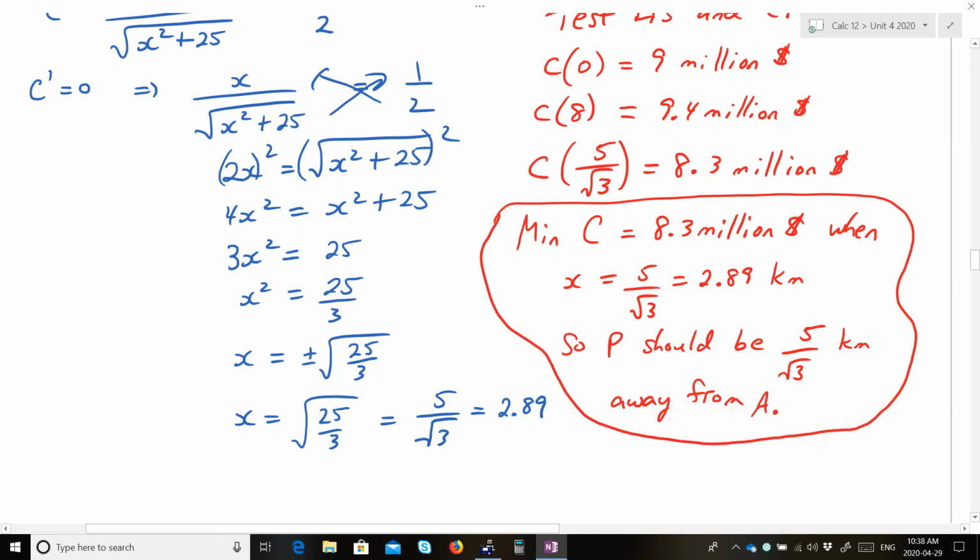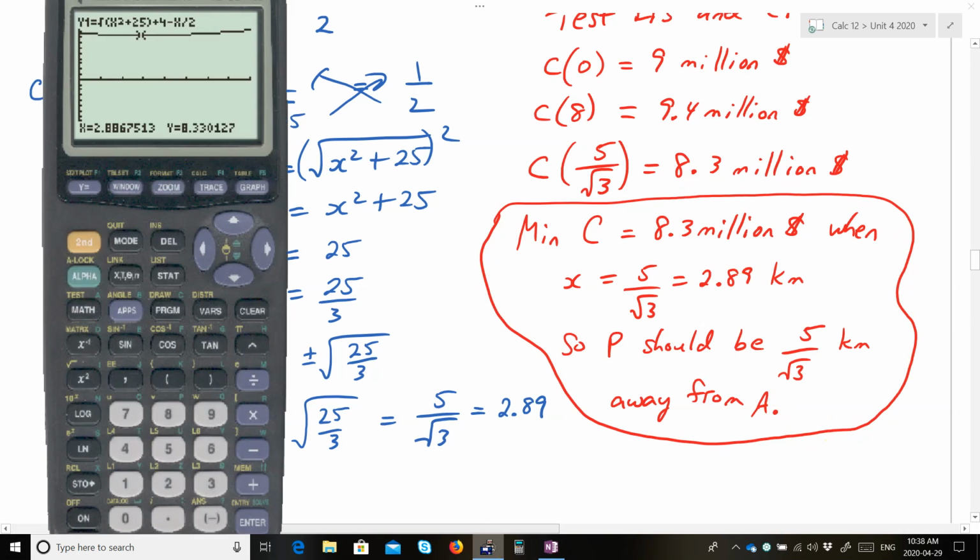Okay, or you could even figure out how far away it should be from point B. However you want to do it, it would just be 8 minus that 2.89. 8 minus 5 over root 3.